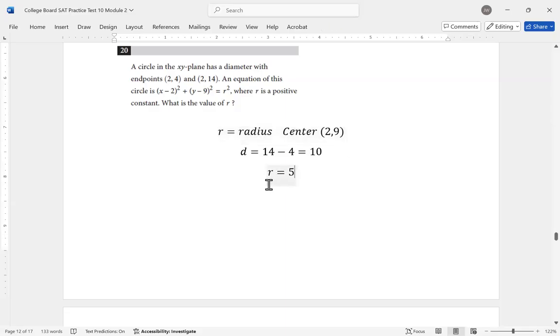You could have also found that the radius is 5 by saying the diameter is twice the radius, and then doing that calculation as well. Since the diameter we know is 10, therefore the radius has to be 5. So either way, we get a radius of 5, and the value of r, therefore, is 5. And that's the answer to question 20.